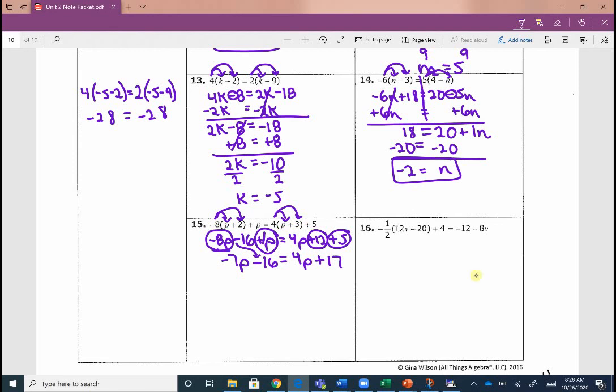So I'm going to add 7p to both sides. Negative 7, positive 7, they're done. Negative 16, be careful, it's a negative. We get 11p plus 17.